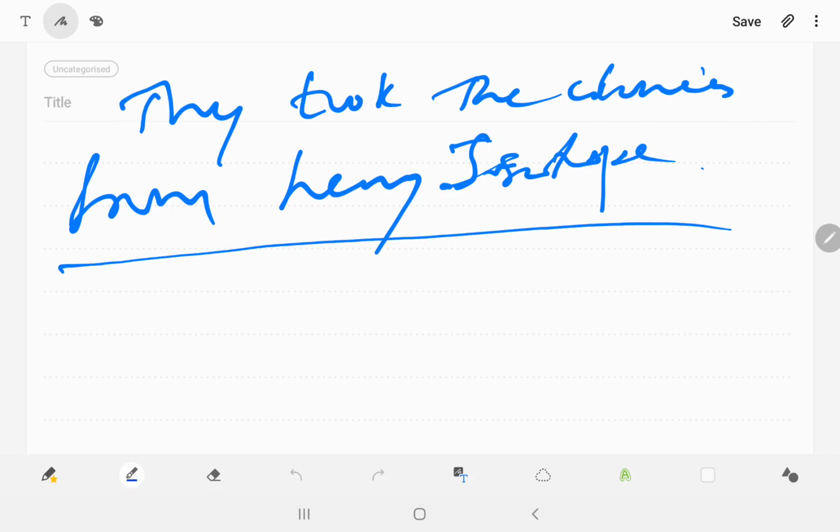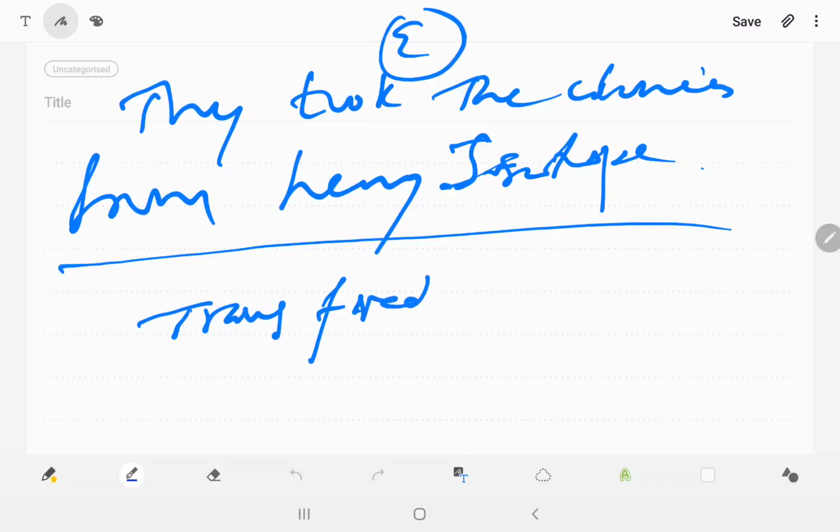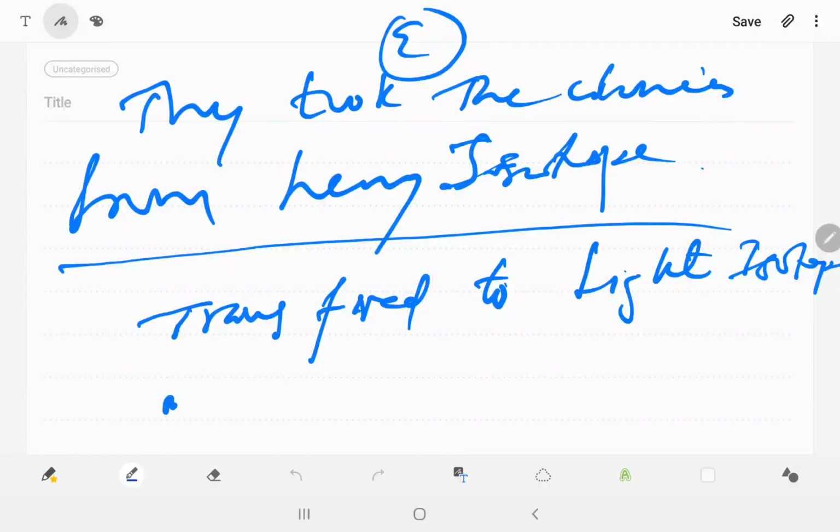After that they placed the Escherichia coli from this medium containing heavy isotope, transferred to a medium containing light isotope. Now they are going to do the experiment.